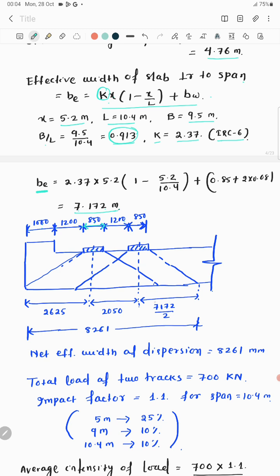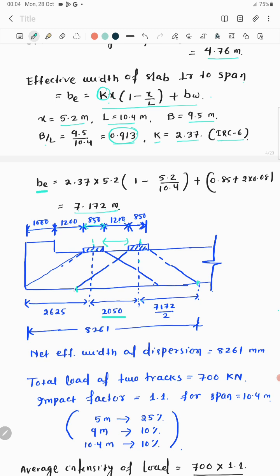So you can see from this figure, if from here to here the value is 7.172 meter, so half of this from the center of the wheel, this width is 7.172 by 2 meter. And from the distance between the two wheels, irrespective of the dispersive width, how much? 1200 plus 850 by 2 plus 850 by 2, which is coming to be 2050 mm.